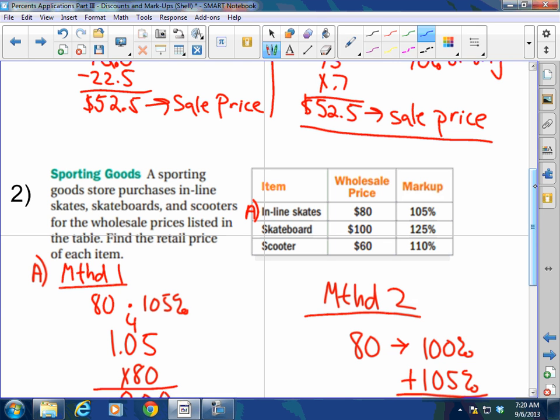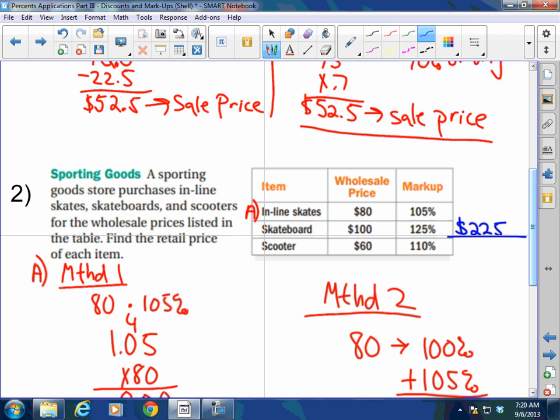Okay, welcome back. I hope you calculated the correct retail price for the skateboard and scooter. After a 125% markup, the cost of the skateboard is going to be $225. That is the retail cost of the skateboard.